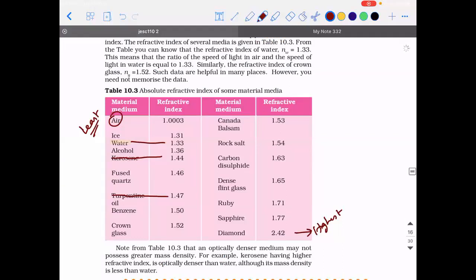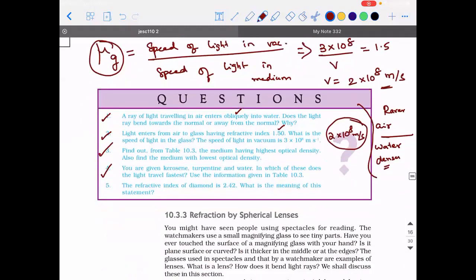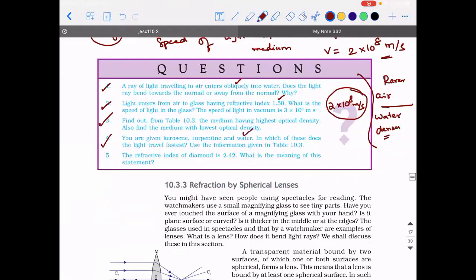Speed of light in water is the least. Sorry, refractive index of water is the least. Hence, the speed of light will be more in water. So water is the answer.